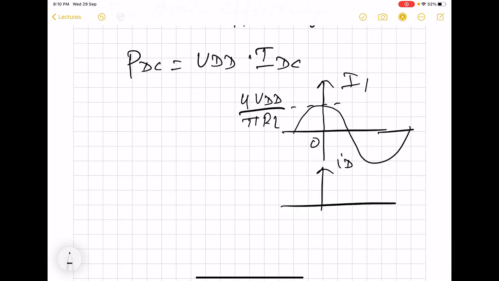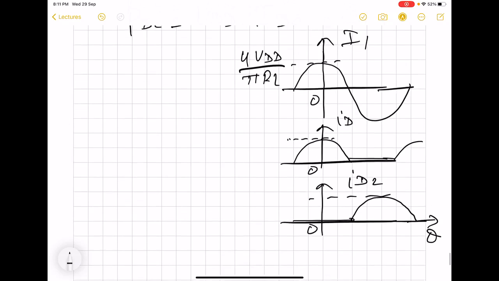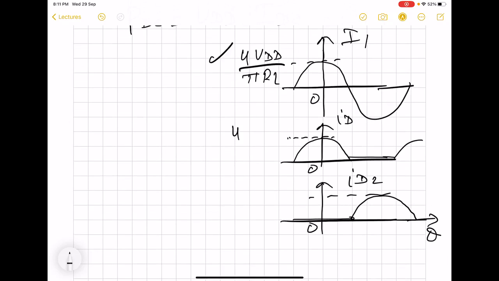So ID1 is going to be like this, and ID2 is going to be like this, where the amplitude is going to be that of this one, that is 4 VDD by pi RL.